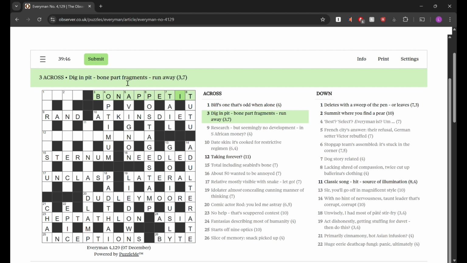I'm not sure which letters we're possibly anagramming, but dig in, bon appetit. Yeah, not quite sure on how to parse that clue though.